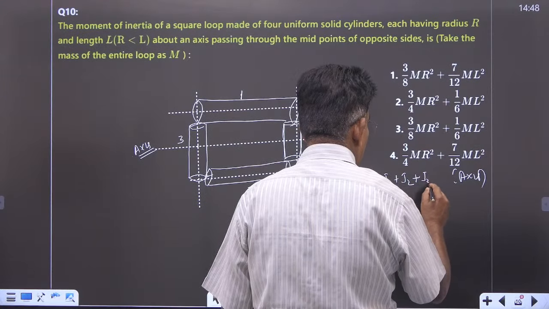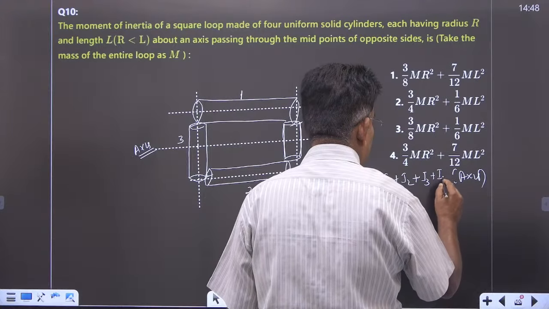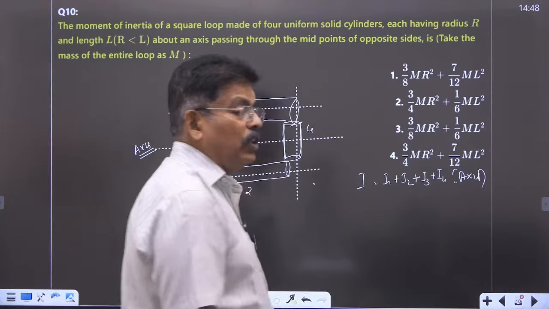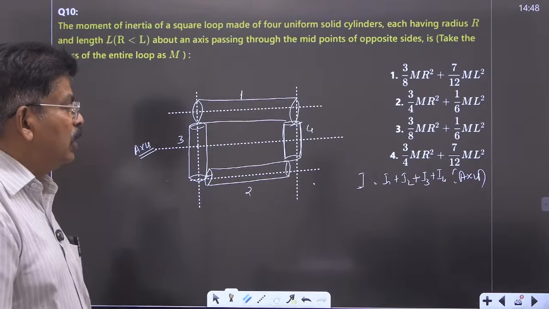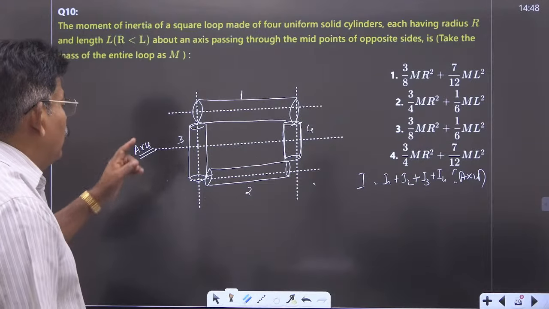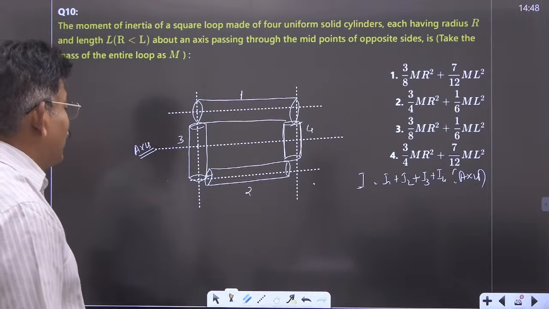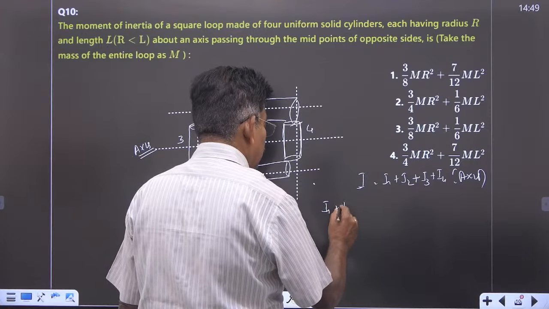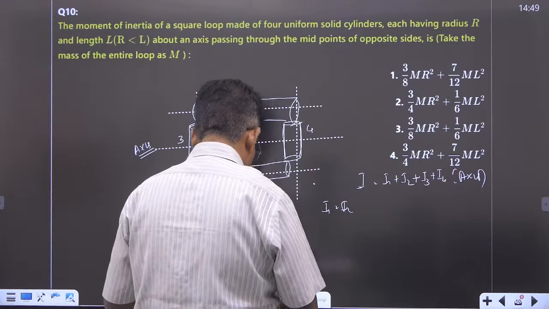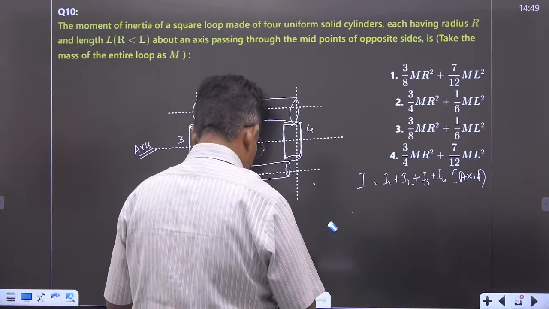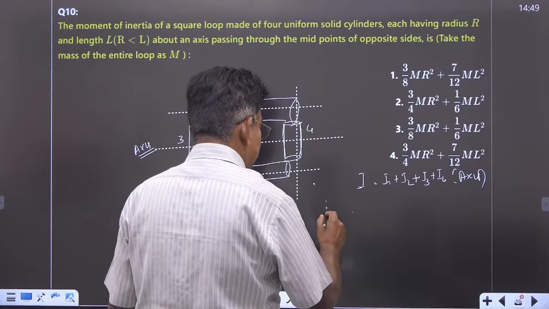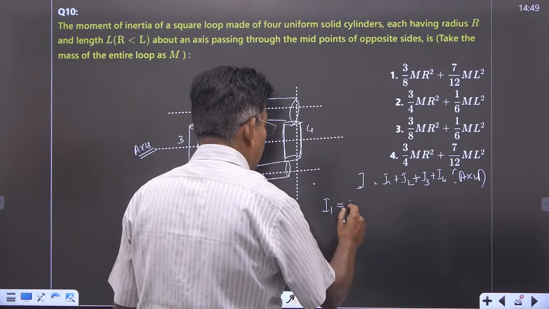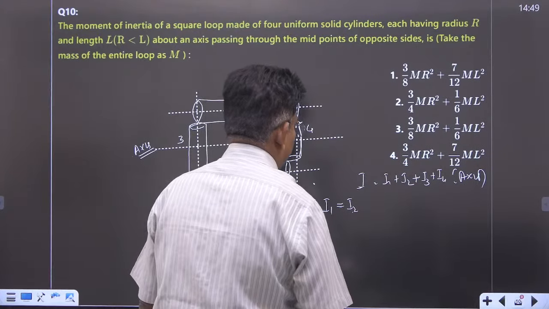You have to calculate the common moment of inertia. Now look, from the diagram it is easy to say I1 is equal to I2. Both are equal, so that brings some easiness in our calculation.